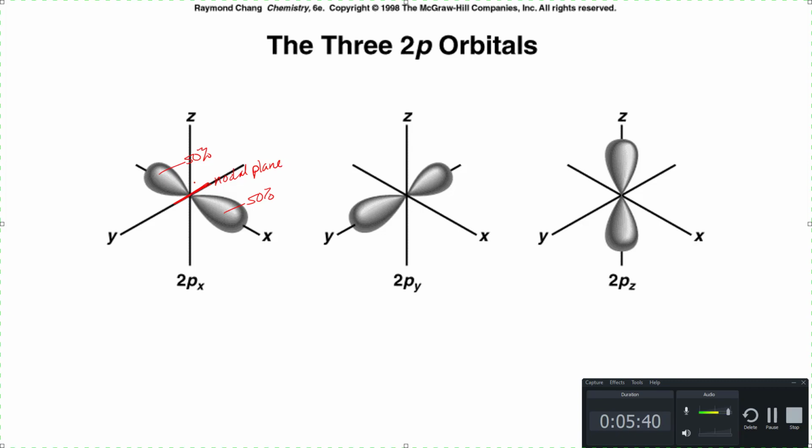It's quantum mechanics that tells us how you get the electron from this position to this position and never stop there, but that's beyond the scope of this class. But there are 3 p orbitals, x, y, and z.